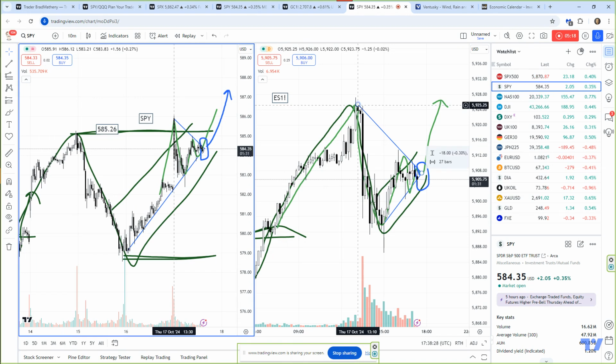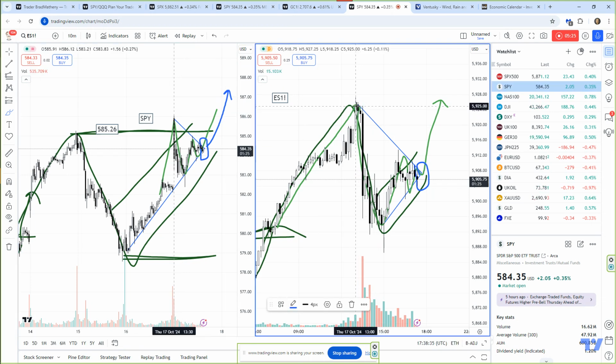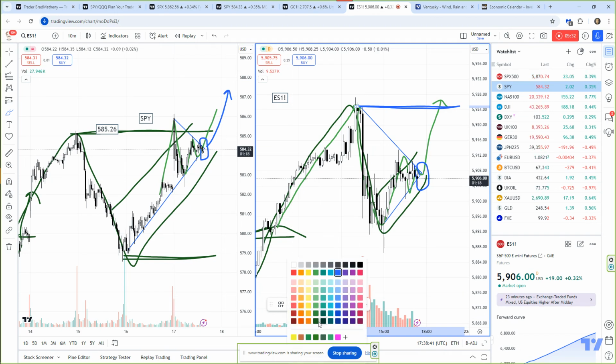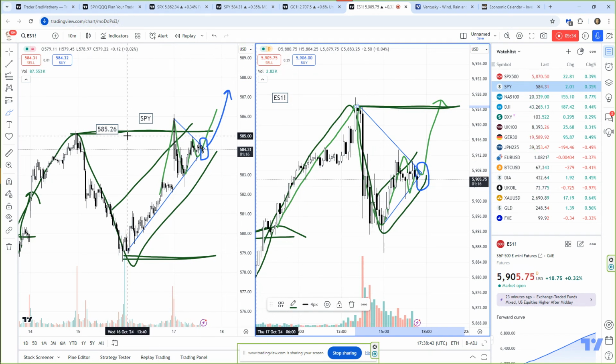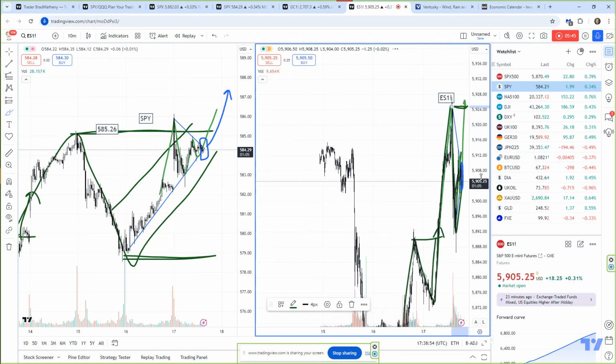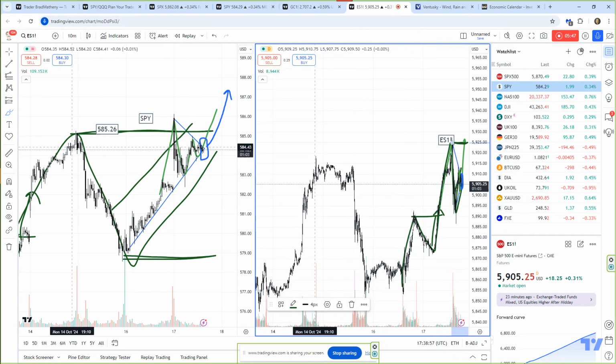Now remember, on the ES here, that flagging level is a lot higher. We now have this flagging level here, which is a lot higher than this lower one here. This is a different setup, same construct, but just a different setup, because look at where this high essentially equates back to this high, back over here.